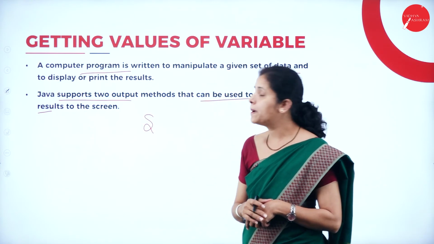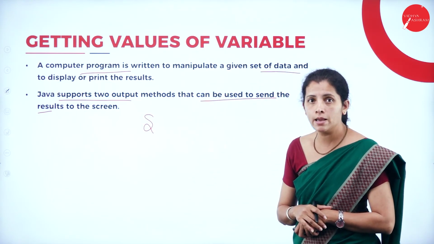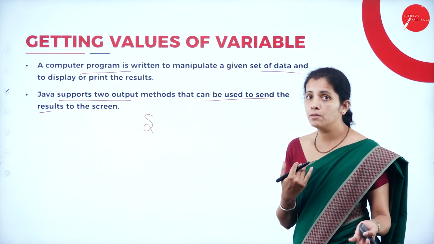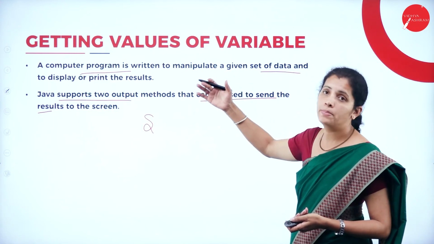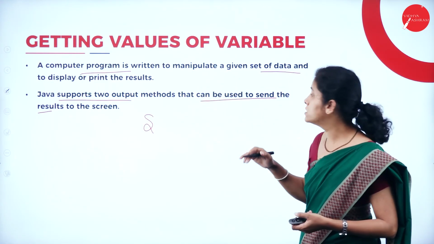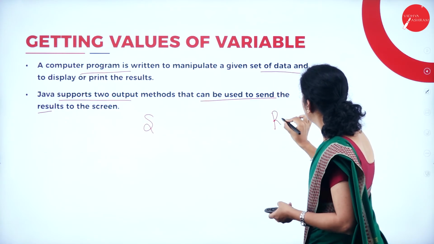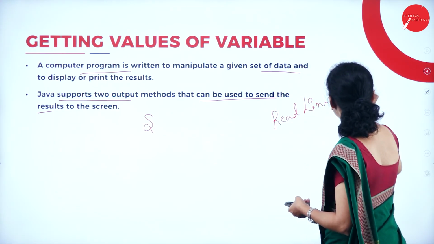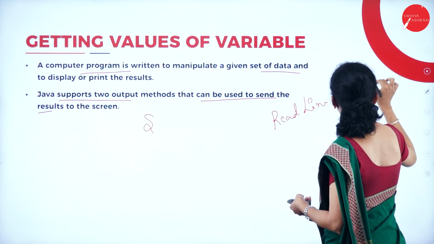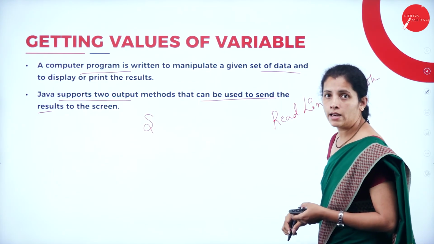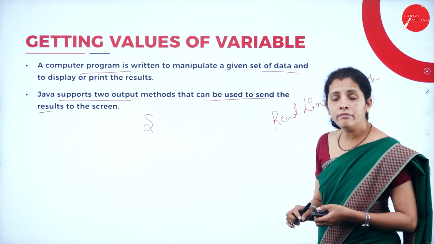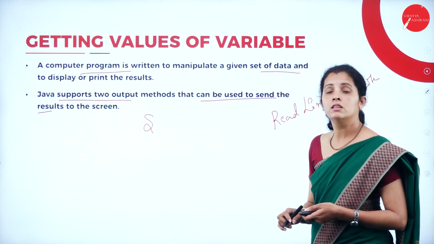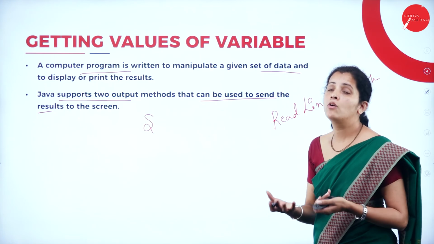So this is all about how to use the variables, how to read the input and how to display the output to the user. Read line, then write line. If I'm having buffered input reader, then I'm going to have buffered output writer.